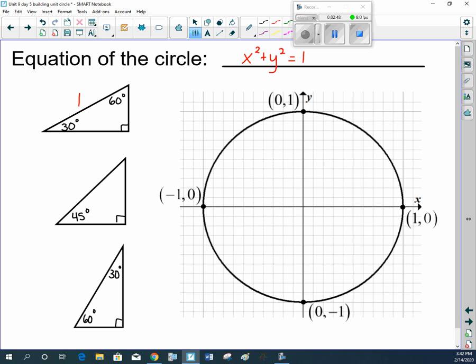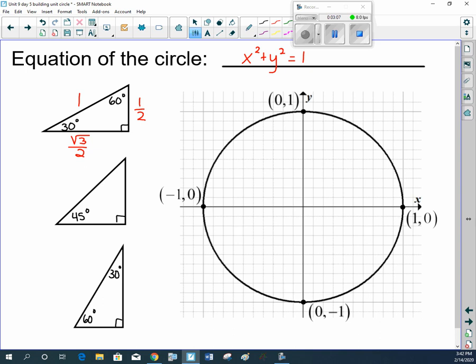That's going to correspond with the radius of our circle. So if you recall from our patterns, the side opposite the 30 is half the hypotenuse, and the side opposite the 60 is half times the square root of 3. So this is going to be √3/2.